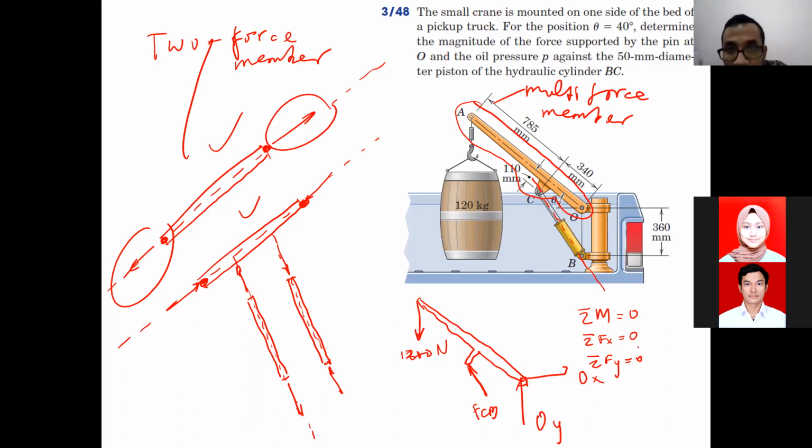Oke. Nah, sekarang mana dulu yang kamu pengen selesaikan di sini? FCB. FCB bisa kita selesaikan pakai persamaan yang mana? Sigma M di titik O, betul sekali ya. Sigma M di titik O sama dengan 0. Itu kita bisa gunakan untuk menyelesaikan FCB.